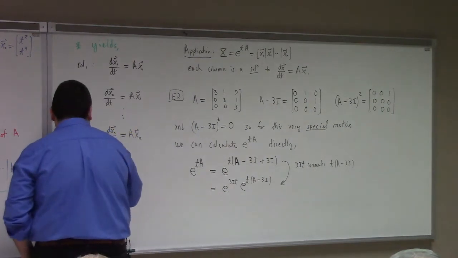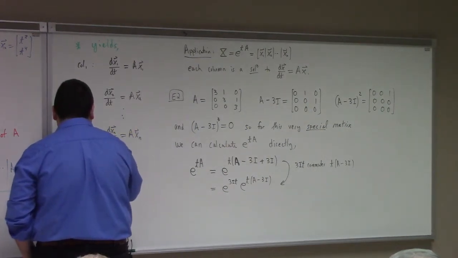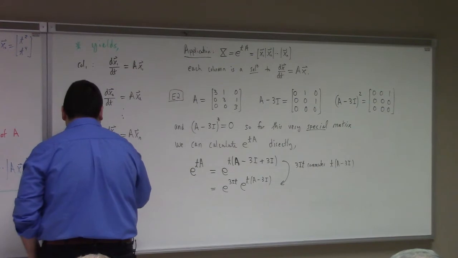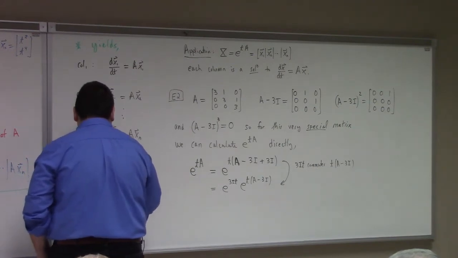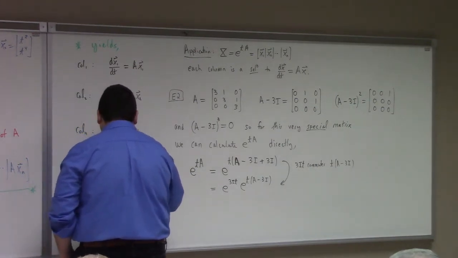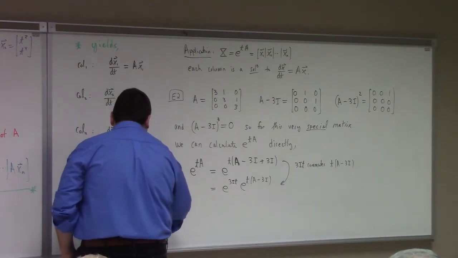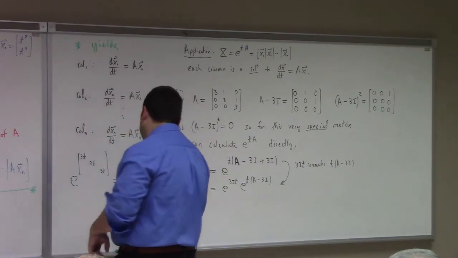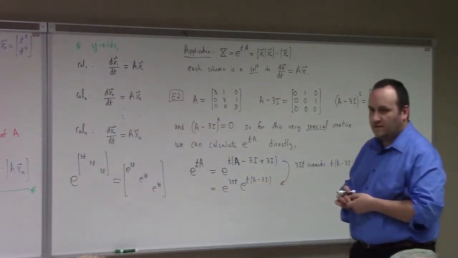What does that mean? E to the 3t, 3t, 3t. You can work out through direct calculation that that's actually e to the 3t, e to the 3t, e to the 3t, zeros elsewhere.